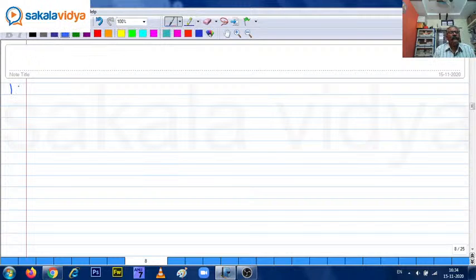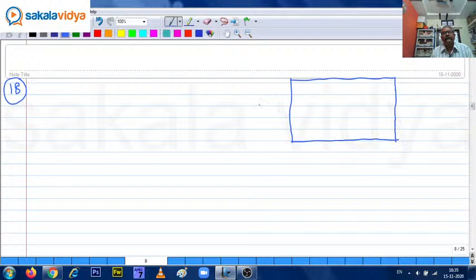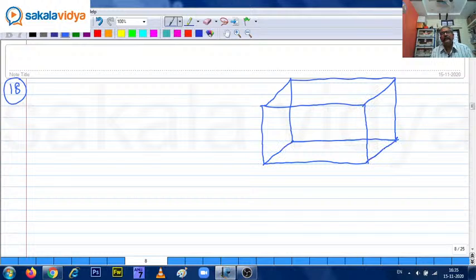So 18th problem. First let me draw the figure, the cuboid figure. Then you will get some idea. Let us say this is the length of the cuboid L, breadth B, this will be the height.